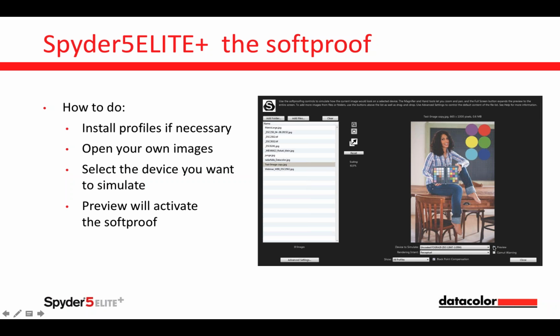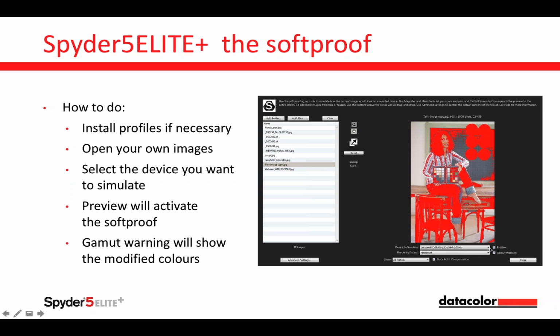You notice that here the preview function is checked, so it's on. And you can also activate, it's here, I don't know if you see my cursor, a gamut warning. If you highlight that, then it warns you, I used red here in that case, which of the pixels of your image will be clipped, meaning which will be reduced to another color just because of the physical limit of that printer, paper, and ink combination.